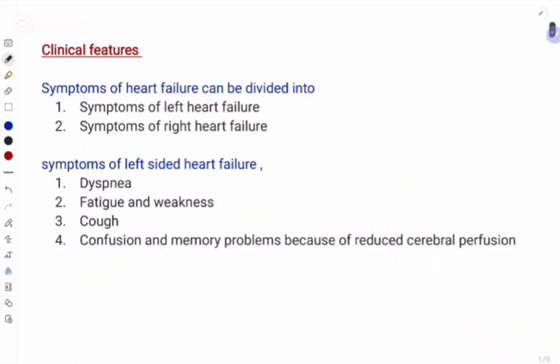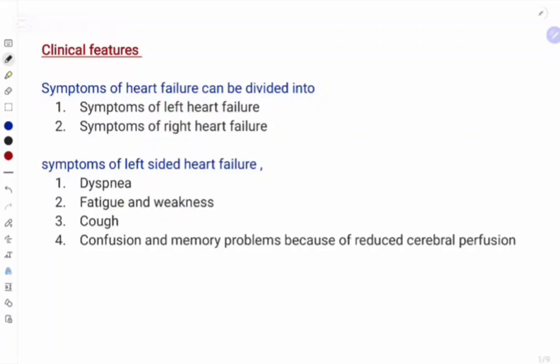This is just a short review, as I already mentioned, so I will give the basic idea, and in an upcoming video I will explain it very deeply. First of all, the symptoms of left-sided heart failure. The left side of the heart is attached to the pulmonary circulation.